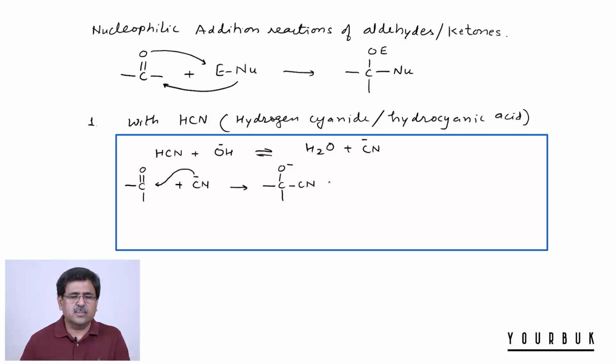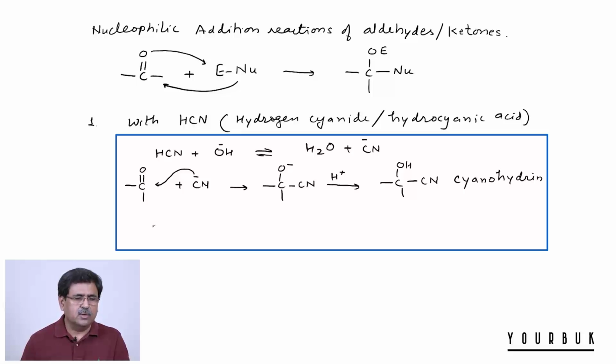And the second step is the protonation of this negatively charged oxygen using acidic medium. So this is our final product, and this final product is called cyanohydrin. So in one step also we can write the reaction.